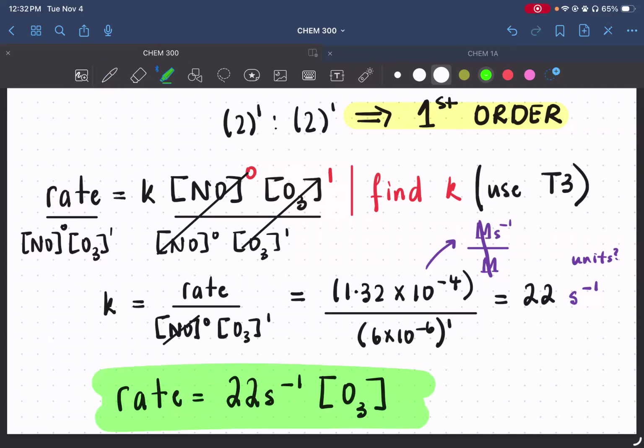Where did the NO disappear to? Anything raised to the 0 is 1. So what's the point of including it? Why did I not explicitly write the 1 here? Well, anything left by itself is, of course, implied to be to the 1, so it just wasn't necessary. This is our final answer. Do we have any questions on this?